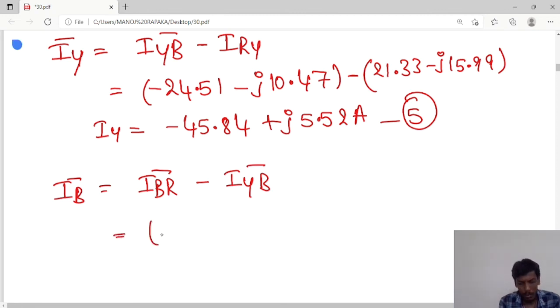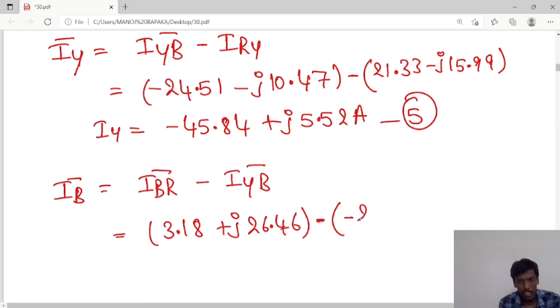IBR is 3.18 plus j26.46, and IYB is minus 24.51 minus j10.47.